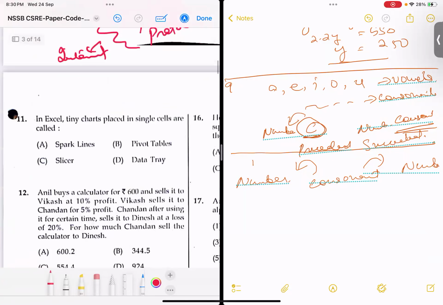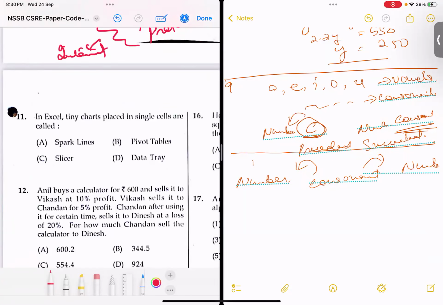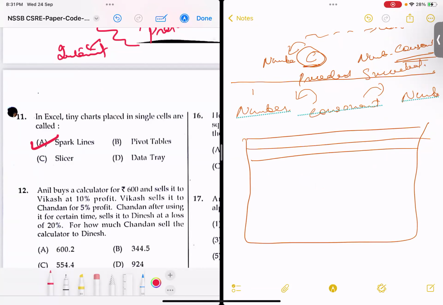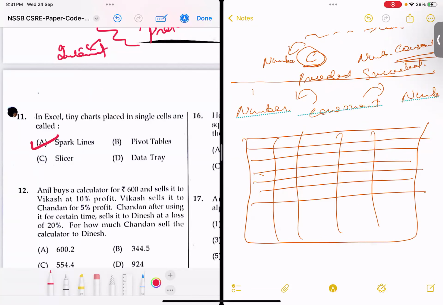It says here, in Excel, tiny charts placed in a single cell are called. So this is a direct question. These are known as sparklines. Now, we all know that Excel exists in the form of a spreadsheet.